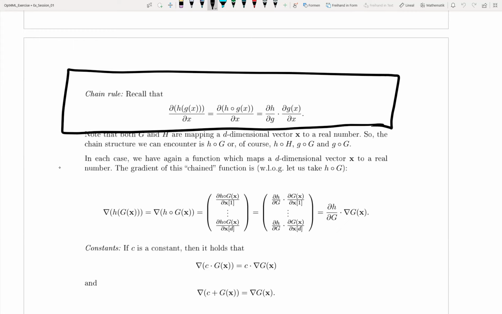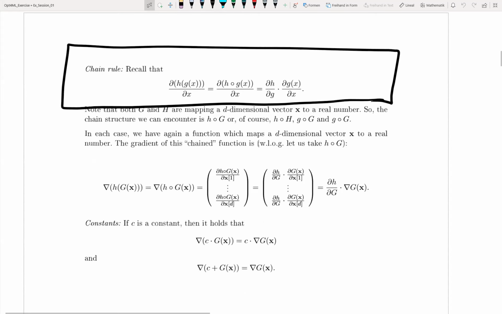This is how you have to interpret it. And then we multiply it with the derivative of g, so of the inner function. So the structure is, you can memorize it: derivative of the outer function evaluated at the inner function, times the derivative of the inner function. This is how you can memorize it.